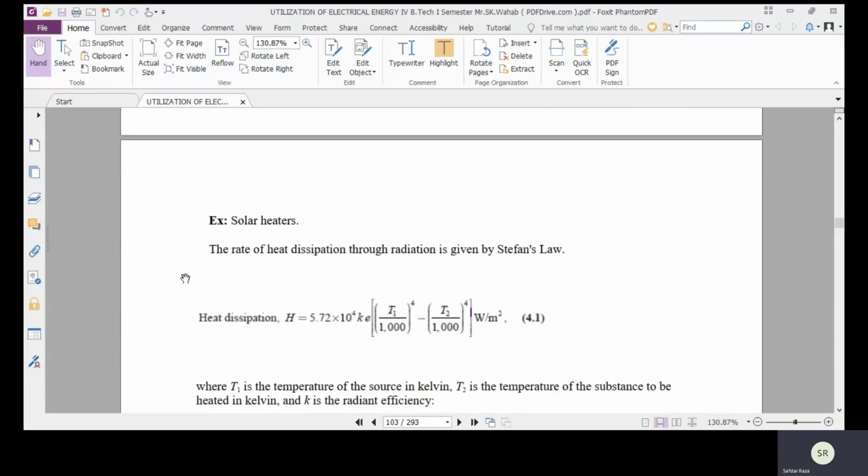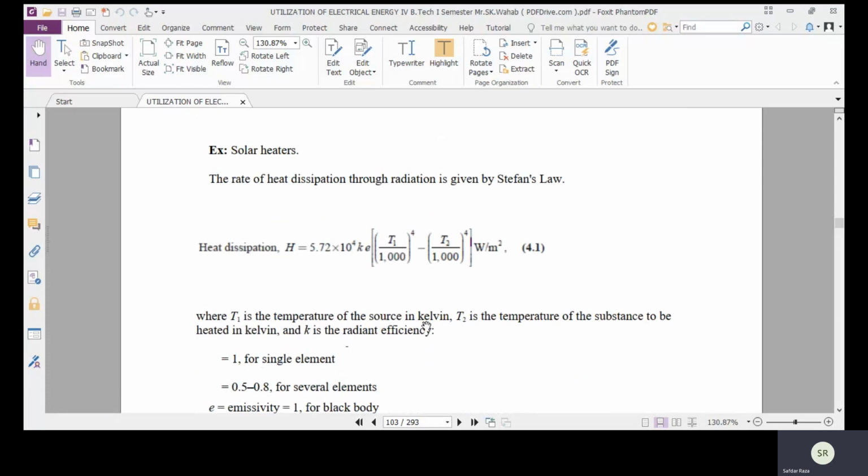The rate of heat dissipation through radiation is given by Stefan's Law, which is expressed in equation 4.1. In this equation, T1 is the temperature of the source in Kelvin and T2 is the temperature of the substance to be heated in Kelvin, and K is the radiant efficiency.